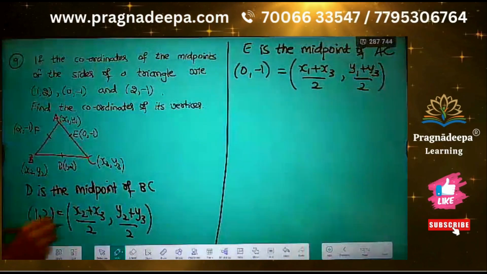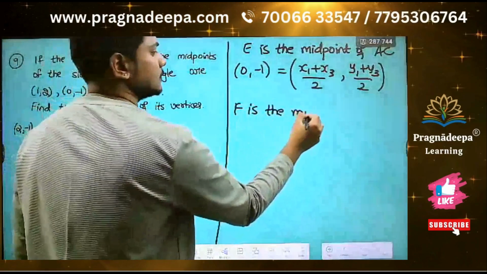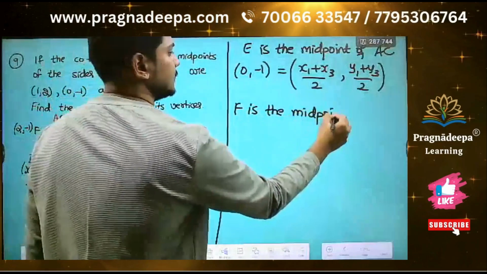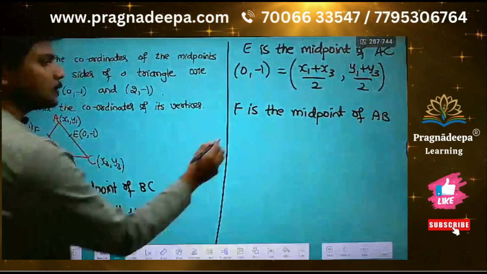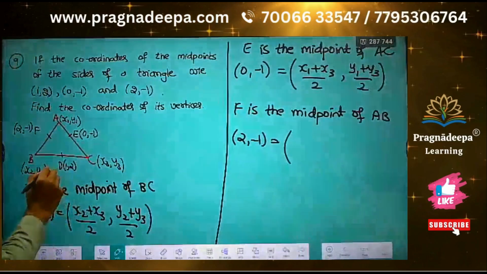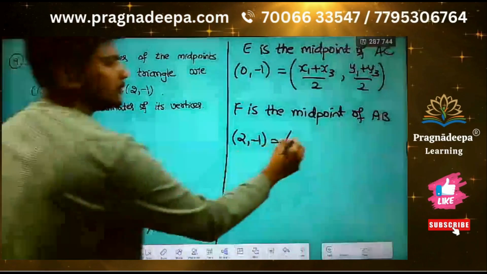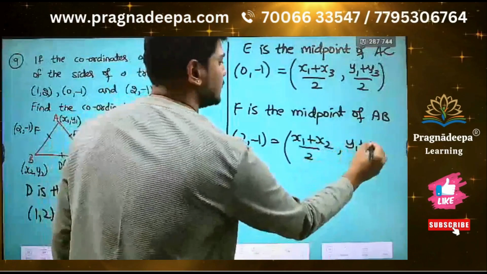Again, F is the midpoint of AB. So therefore, (2, -1) is equal to (x1 plus x2 divided by 2, y1 plus y2 divided by 2).